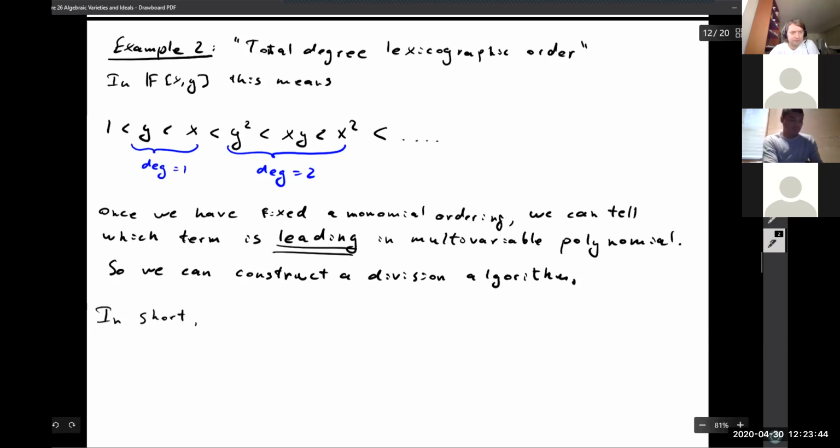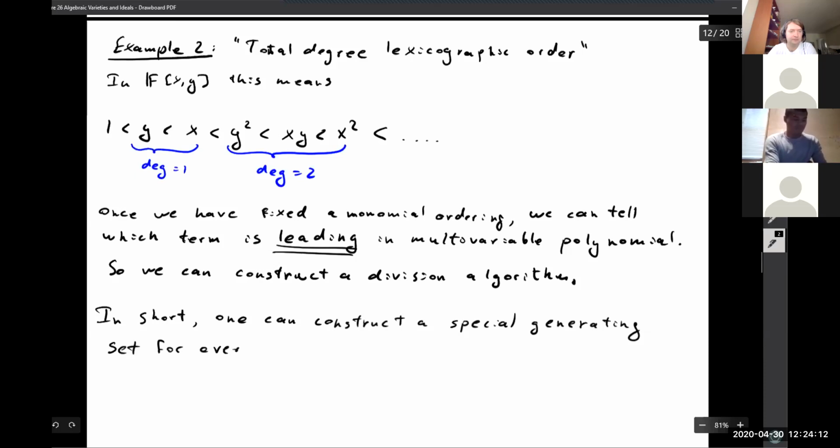Okay, so making the story short, one can construct a special generating set for every ideal, known as Grobner basis.